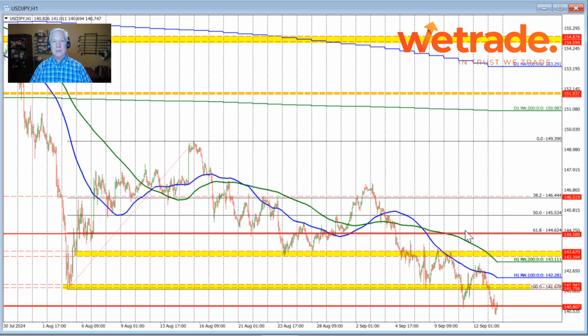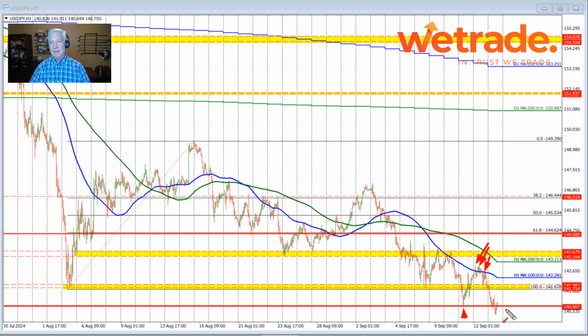Let's take a look at the hourly chart. You can see the rotation to the downside. We tried to move above the 100-hour moving average trading yesterday, and then used that 100-hour moving average as resistance, pushing down lower. This 140.80 level, by the way, was the lowest price going back to January 2nd, 2024. It's the low price for the year. We went down to 70 in trading on Wednesday, and today we traded a little bit above and below it.